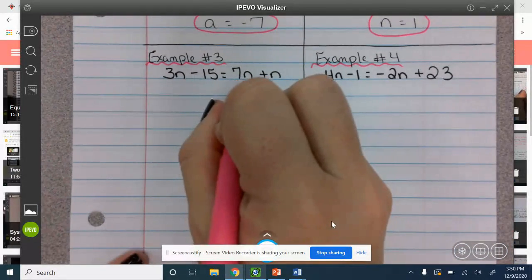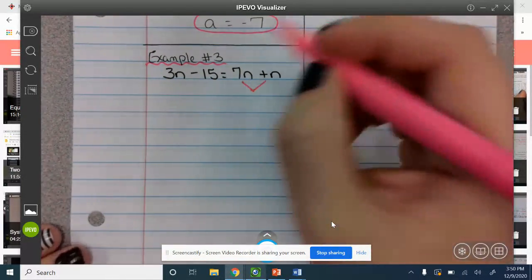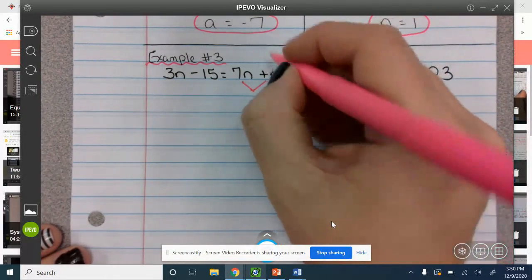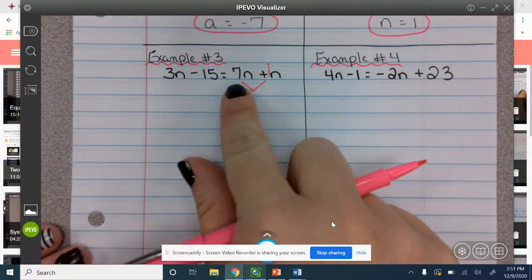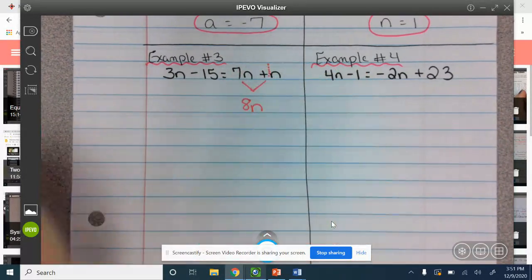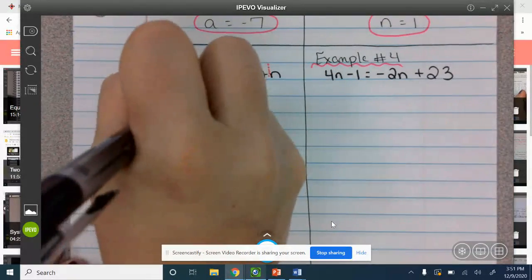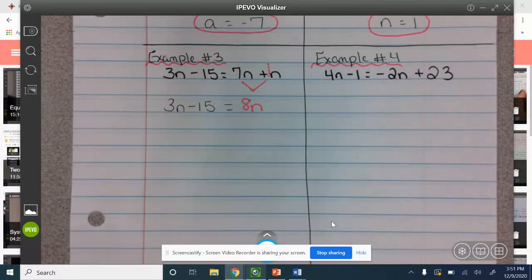So the first thing I'm going to do is add these 2 together. Remember, when there's nothing in front of this variable, there's always an imaginary 1. So 7n plus 1n will give me 8n. And we're going to rewrite everything else. So 3n minus 15 equals 8n.